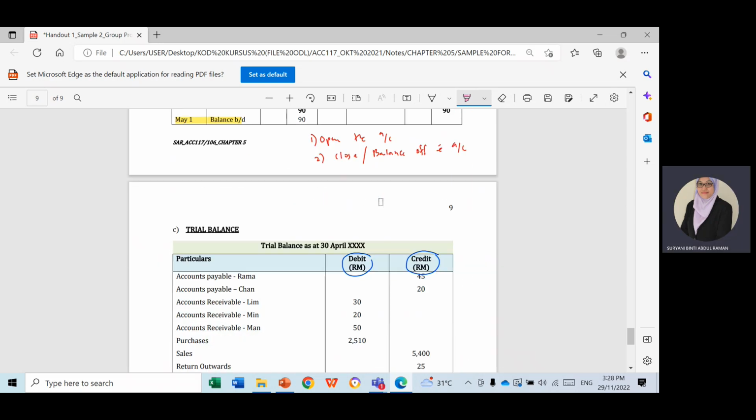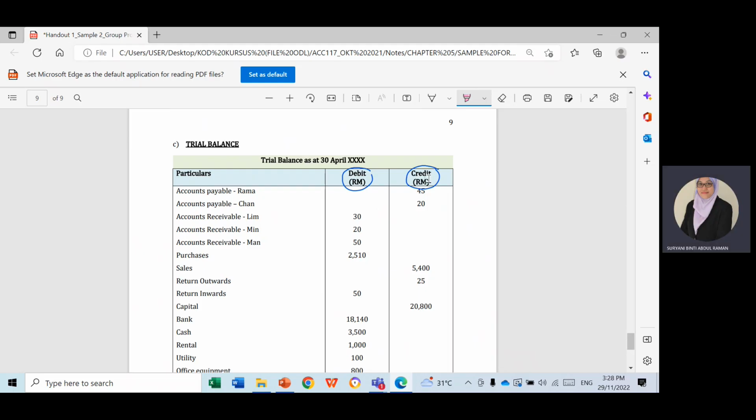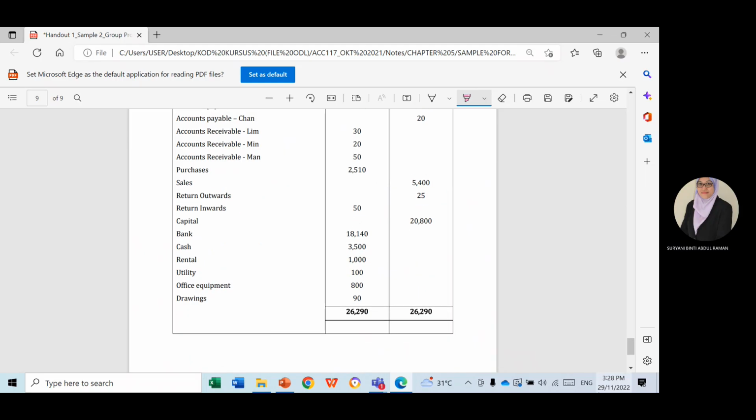So we only have about 5 accounts that have credit balances, and these are recorded on the credit side. At the end, when we compare the debit balance and the credit balance, it should tie back. And if the answers are the same, most probably we have prepared all the accounts correctly in accordance with the rule of double entry.